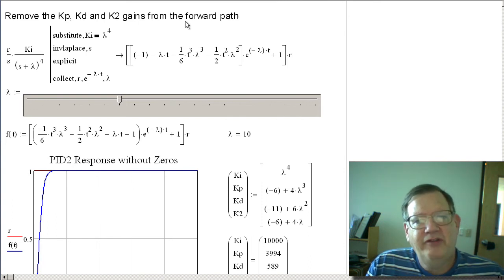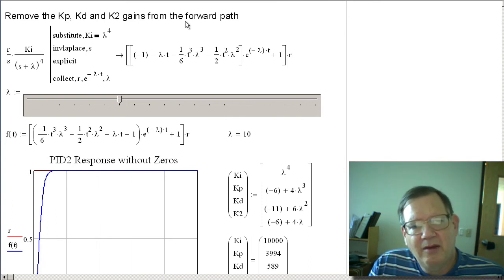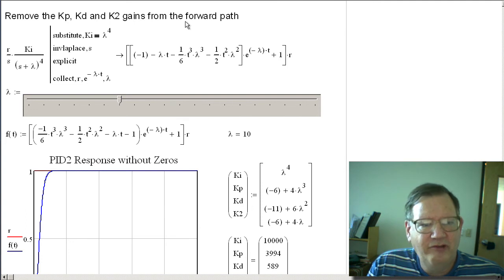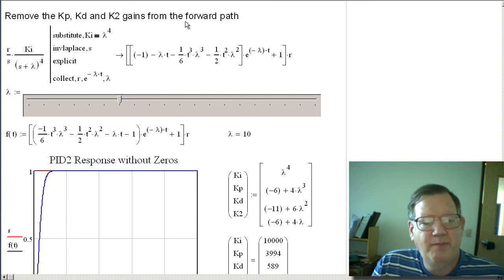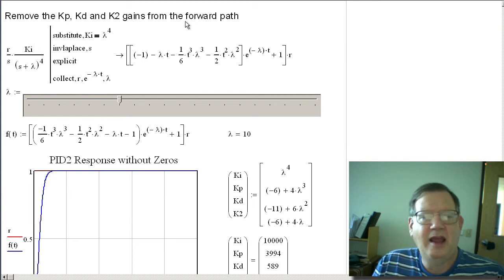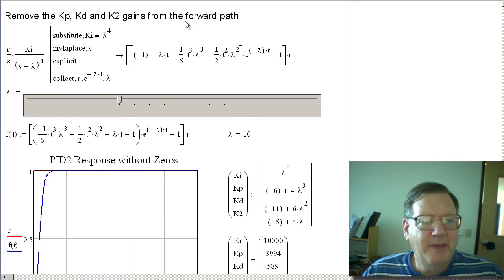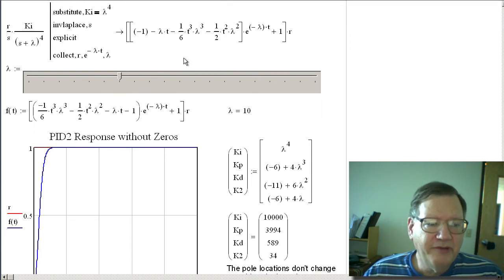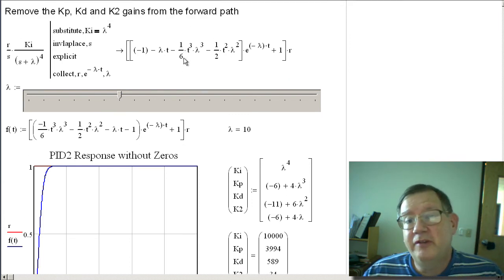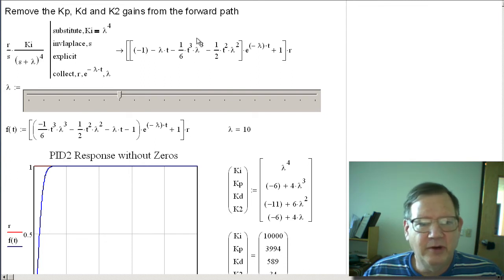And actually, it's advantageous to have the gains other than the Ki gain, the P gain, the D gain and the second derivative gain, all work on the feedback or the process variable. And what that does is it removes the zeros.